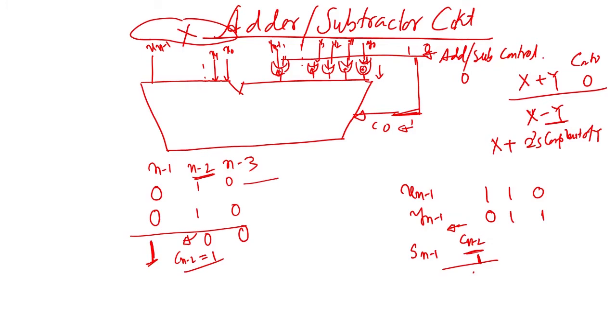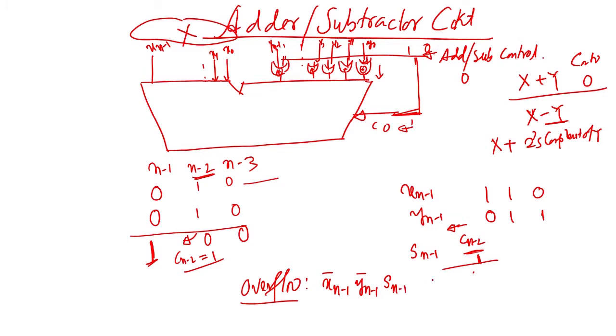So, we can have an overflow bit. In this way also we can identify it: x n, y n bar, and s n minus 1 is 1.